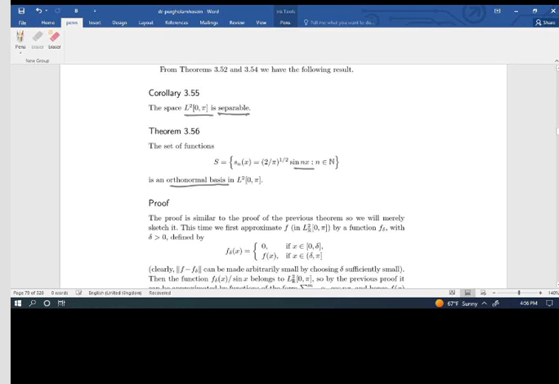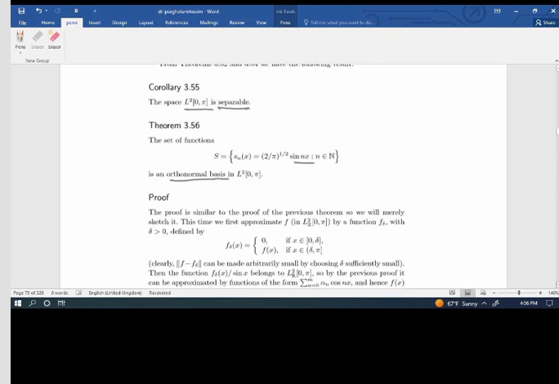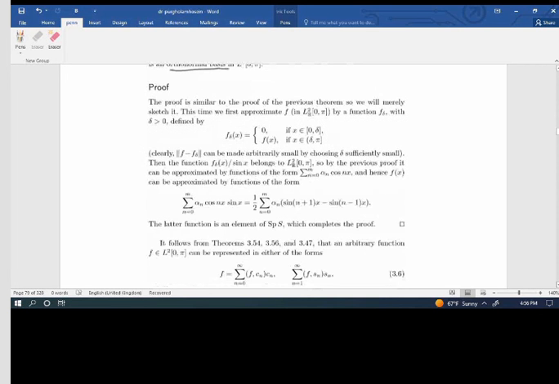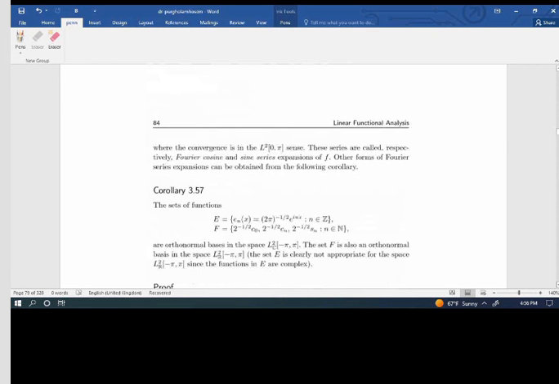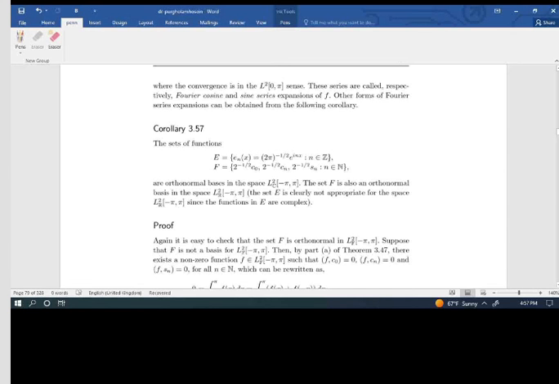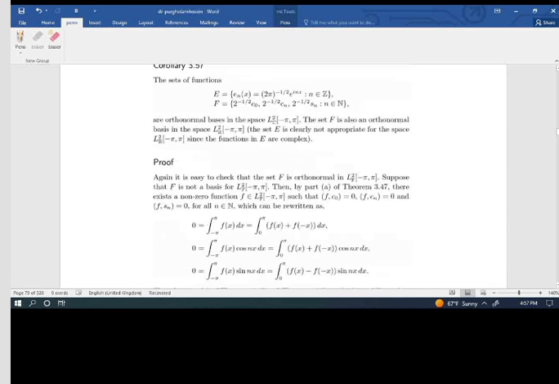L2 of 0 and P is separable. We don't need them.